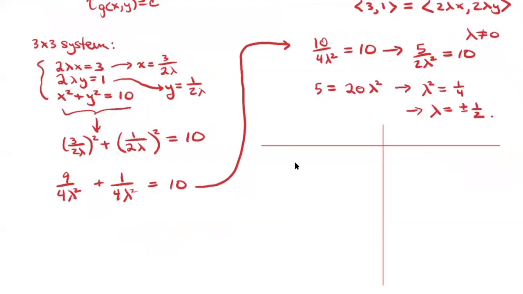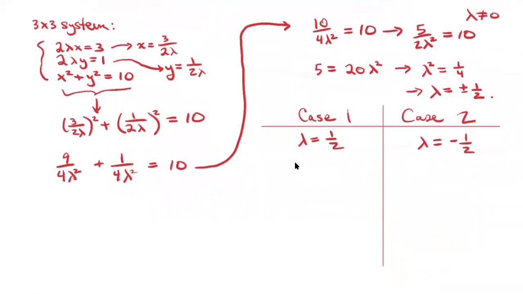You can't borrow something from one side that comes only from the other side. These are independent cases. They cannot sort of pollute each other. Okay, so in case 1, lambda is a half. And in case 2, lambda is negative a half. Any questions? The rest is easy now.